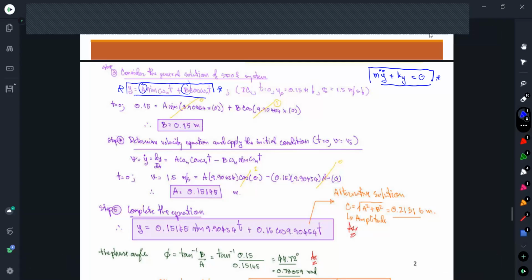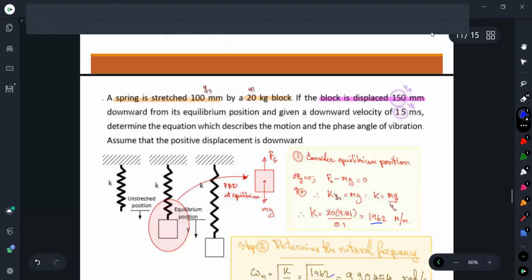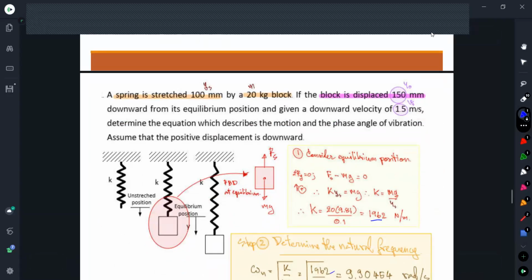We know the initial condition, that is when time equals 0, the problem gives us that the block is displaced 150 millimeter downward from its equilibrium position, and given a downward velocity of 1.5 meter per second. That is the initial value.